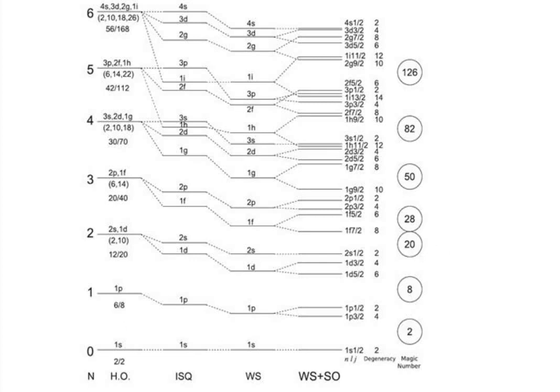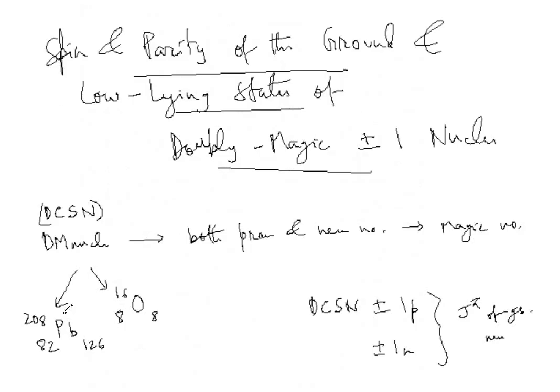Now we have discussed this in our last class, this 208 lead. So in this 208 lead, up to where will the proton and neutron levels be filled? This 208 lead has 82 protons.